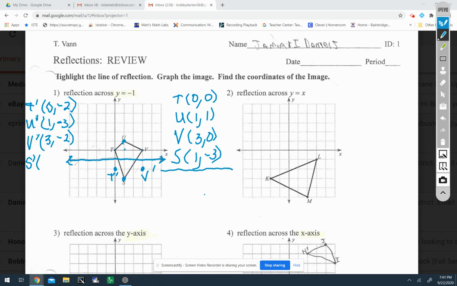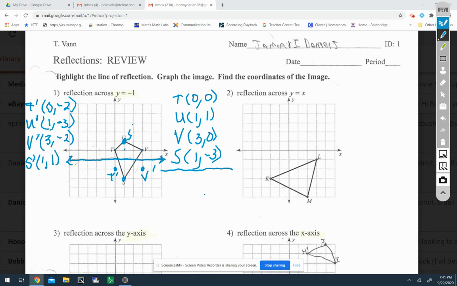It's the only point that's below the line. So we're going to have to go above the line, in the opposite direction, 2 places, 1, 2. So it goes up here. Now this becomes S prime. And that point's coordinates are over 1, up 1. So that will be 1 comma 1.